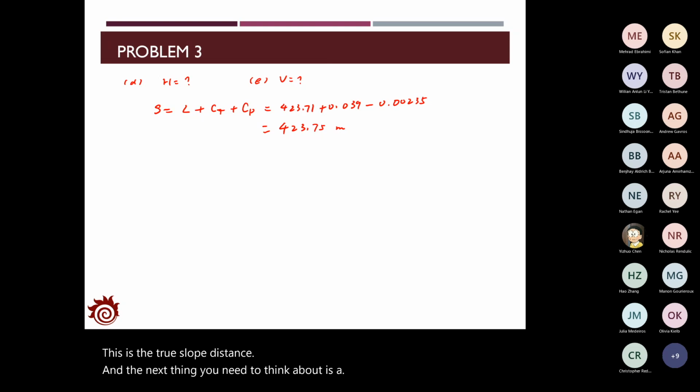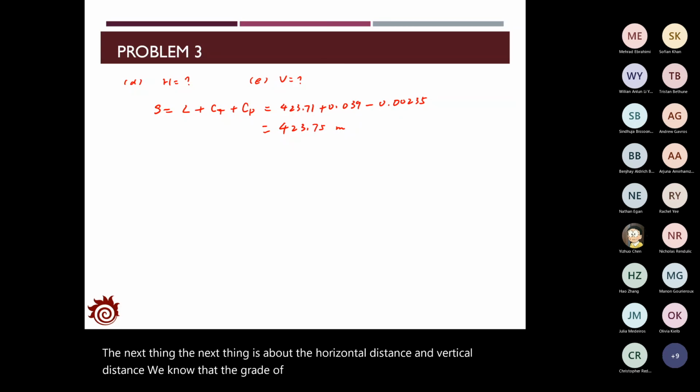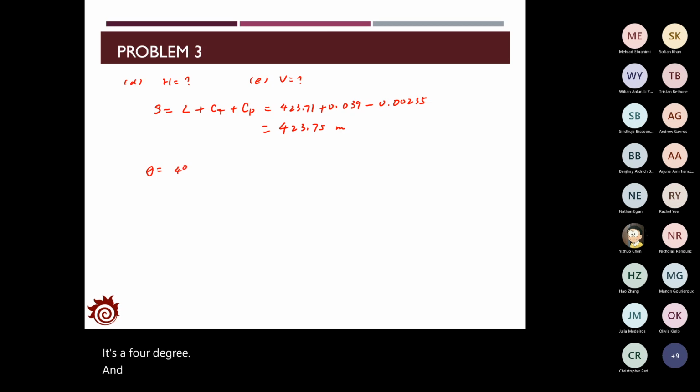The next thing is about the horizontal distance and vertical distance. We know that the grade of the slope is 4 degrees, say 4 degrees 25 minutes. For the horizontal distance, that should be the slope times cosine theta.